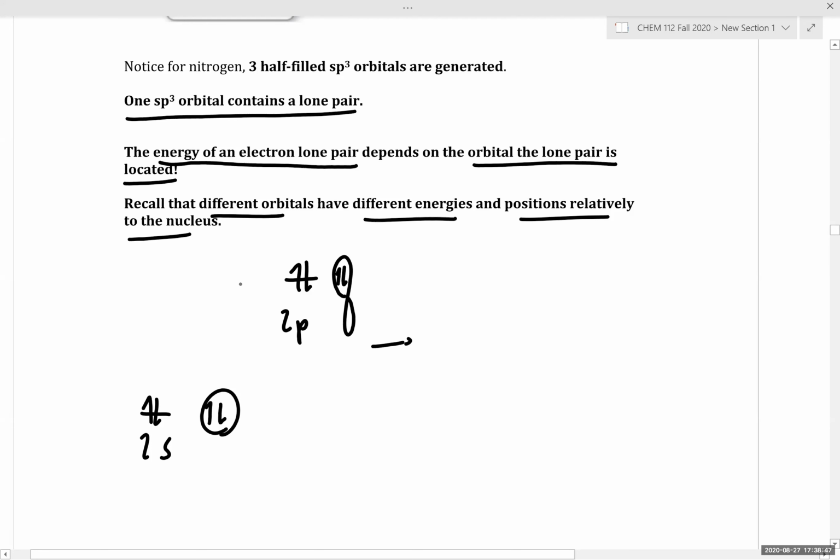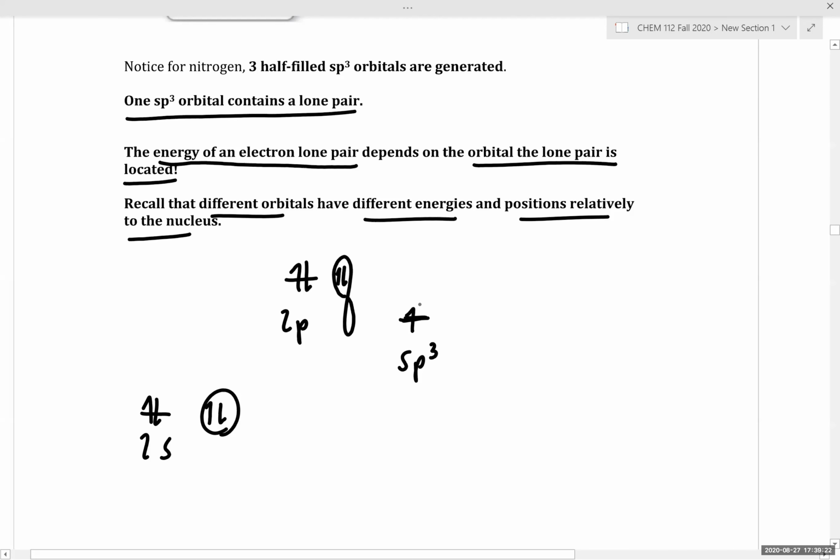After hybridization, this is just a relative hierarchy. Looking at an sp3 orbital, will a lone pair in an sp3 orbital be higher or lower in energy than a lone pair in a 2p orbital?